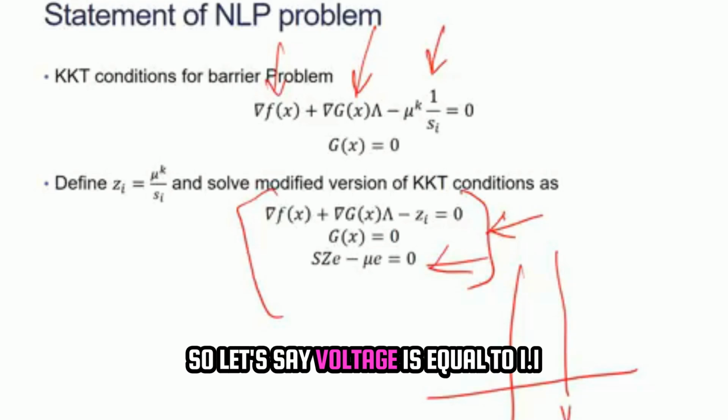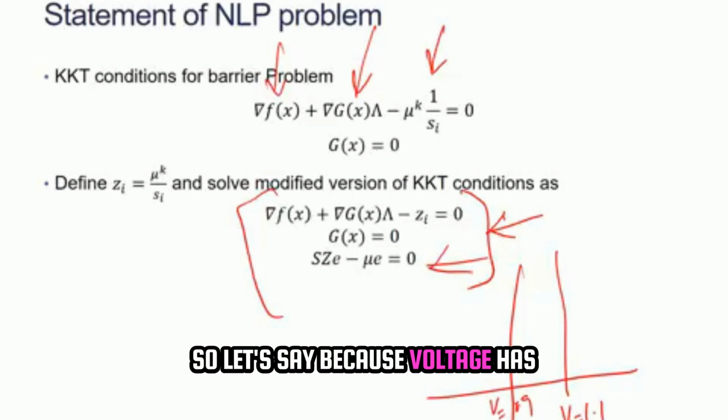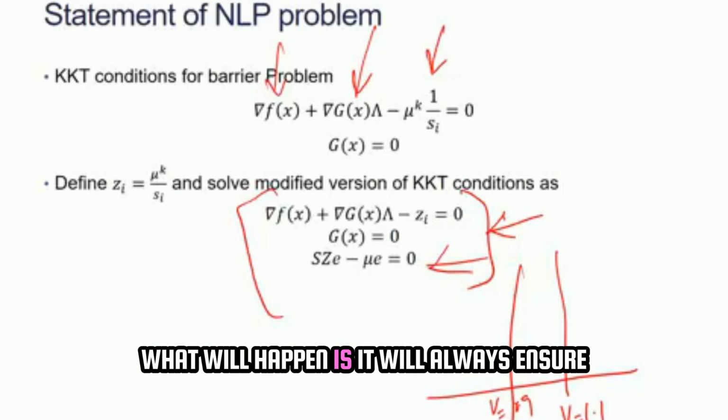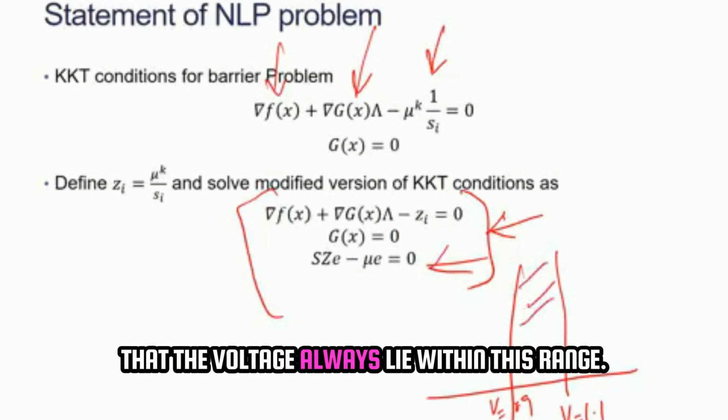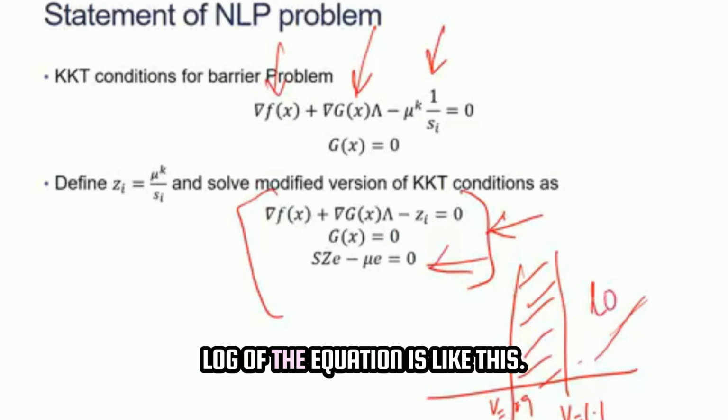So let's say voltage is equal to 1.1, and this point is voltage equal to 0.9. Because voltage has to remain within this limit, right? Now because of this logarithmic barrier, it will always ensure that the voltage always lies within this range. It will not allow it to go in this direction, because the log of the equation is like this.